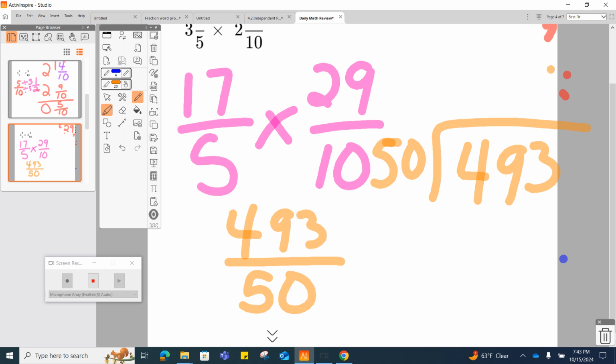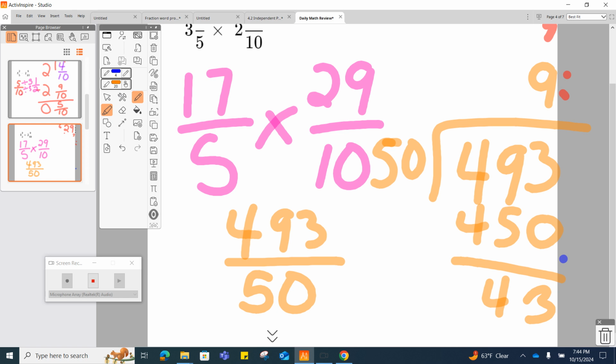9 times 0 is 0. 9 times 5 is 45. I'm going to bring down 3, 43. So the answer ends up being, let me go over here so I can try and write it in pen and see if it shows up better, because I'm kind of all over the place here.